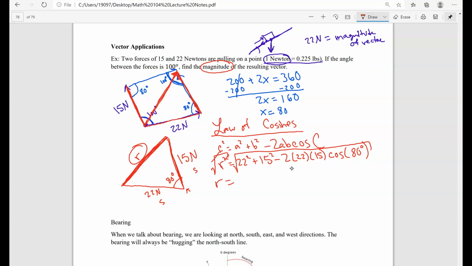And make sure that it's on degrees. So what I ended up getting is about 24.4, and this is going to be newtons. So the resultant force that's being applied when a 15 newton force and a 22 newton force is being pulled is going to be 24.4 newtons.